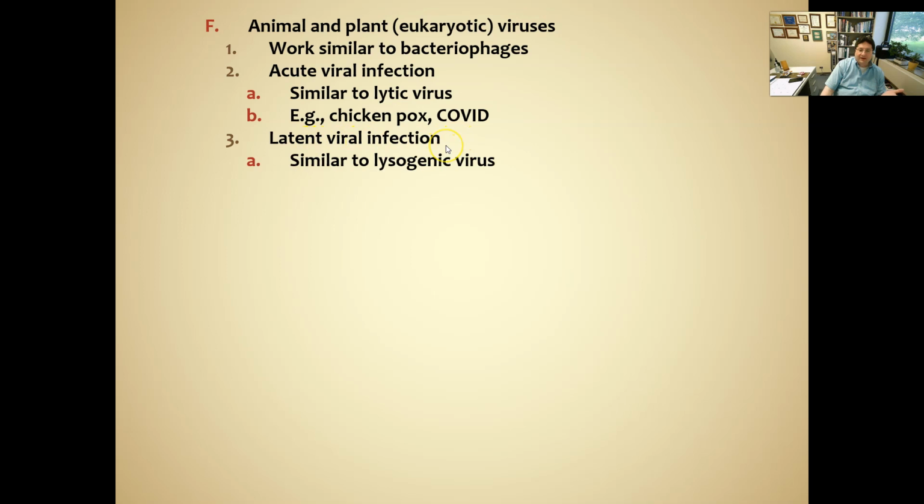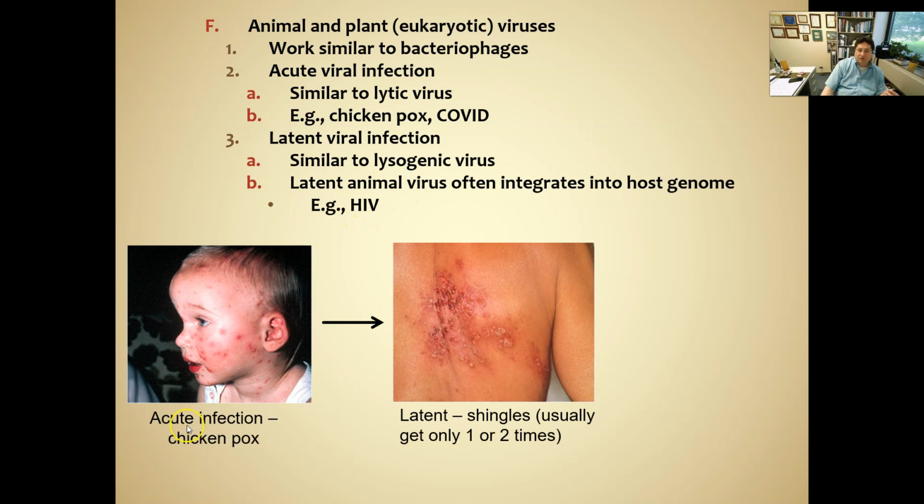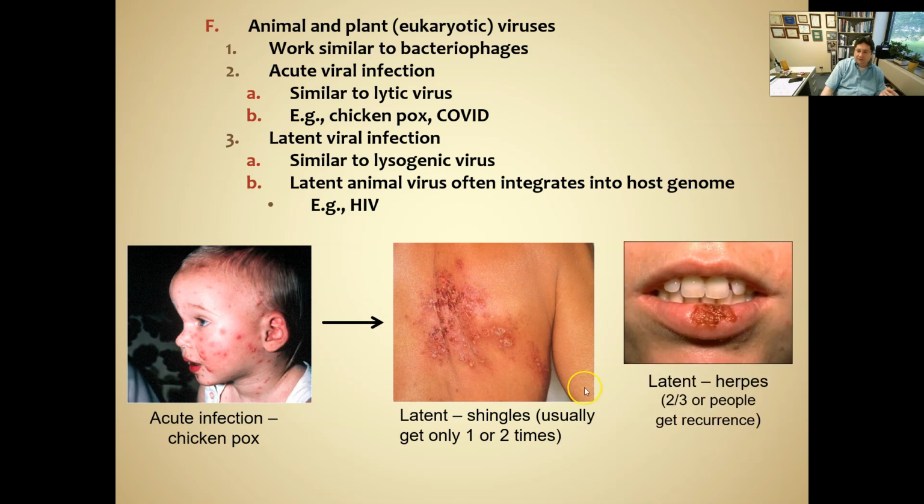Latent viral infection is similar to lysogenic. A latent animal virus can often integrate into the host cell's genome, just like the lysogenic cycle, like what HIV does. So chickenpox acute, later latent, shingles appearing later, latent herpes, you get the reoccurrence here in 2/3 of people. All right, so it's similar.